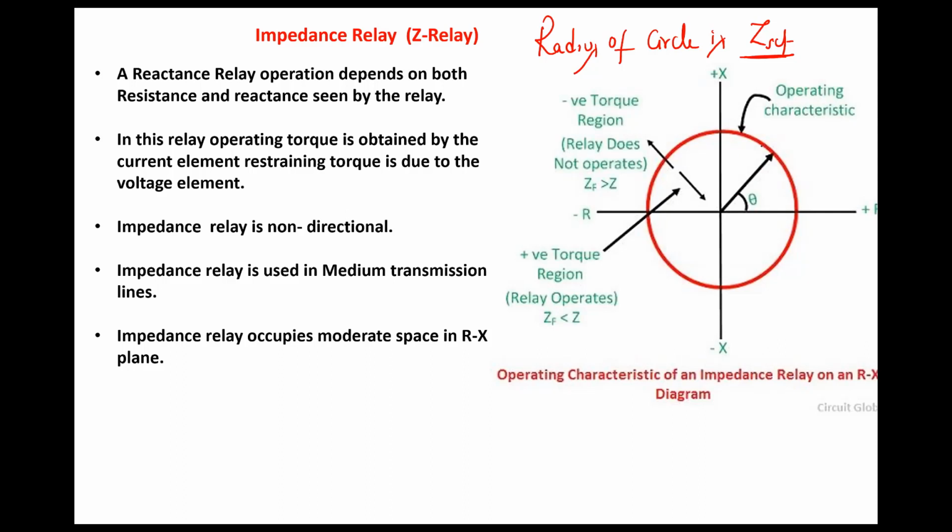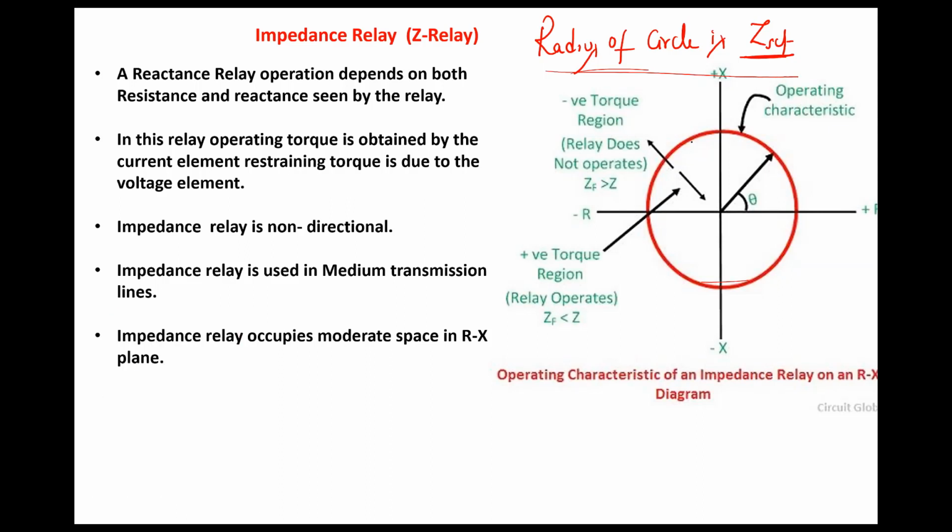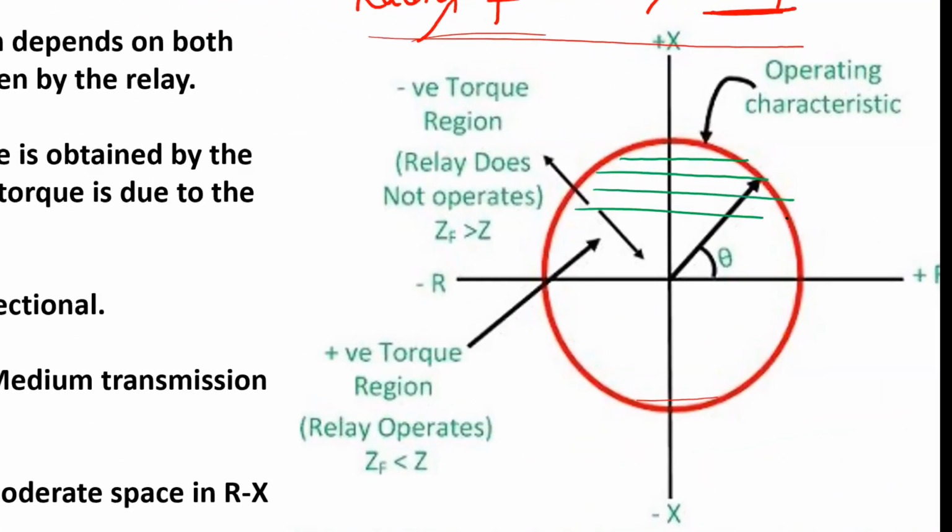So if the impedance seen by the relay is equal to Z set or greater than Z set, relay will not operate. If the impedance seen by the relay is less than Z set, then relay will operate. So the relay will operate inside this circle.